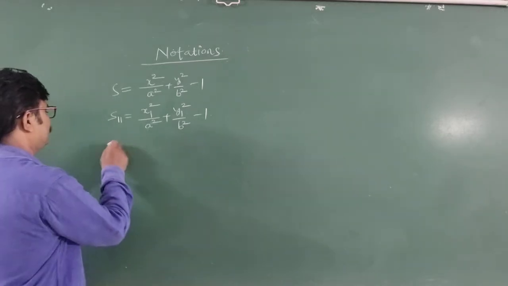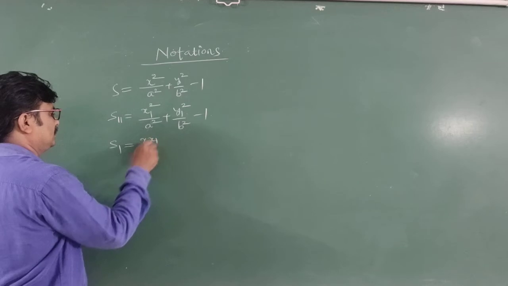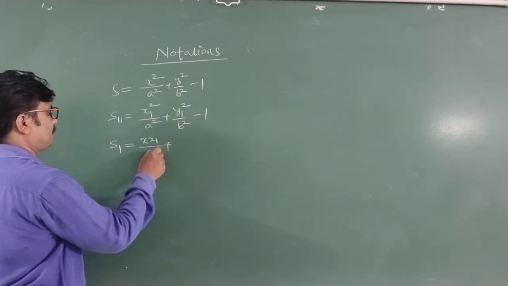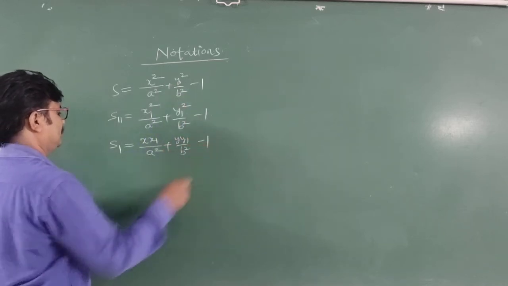After that, S1 is the second degree terms written as xx1 by a square plus yy1 by b square minus 1.